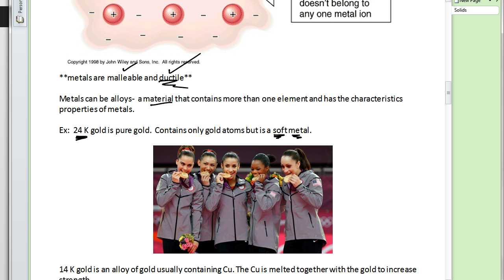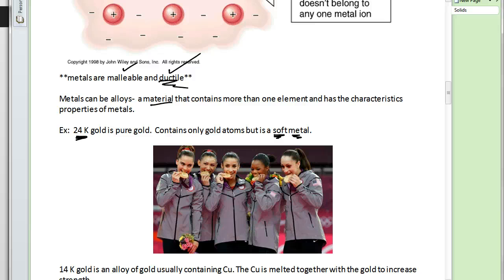In the old days, you may have seen an old Western or movie where people will have a gold coin, and to verify that it's a gold coin, they'll bite it. If they bite it, they can leave a tooth mark in the coin if it's 24 karat gold, because 24 karat gold is a very, very soft metal. Rings made out of 24 karat gold would easily ding and leave a scratch.